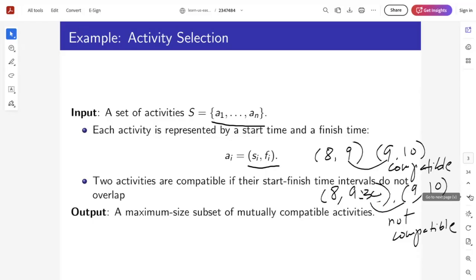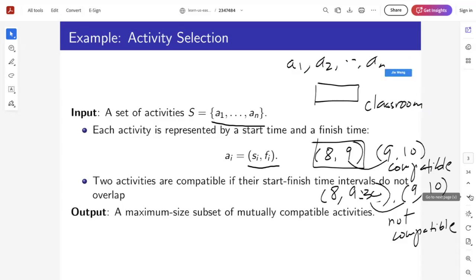All right. So now we have N activities, and each activity is represented by a pair of start time and finish time. So what we want to know, let's say this is a classroom, and you have these activities.